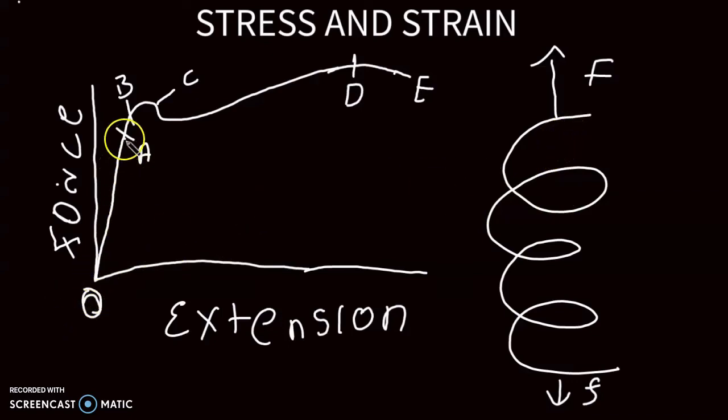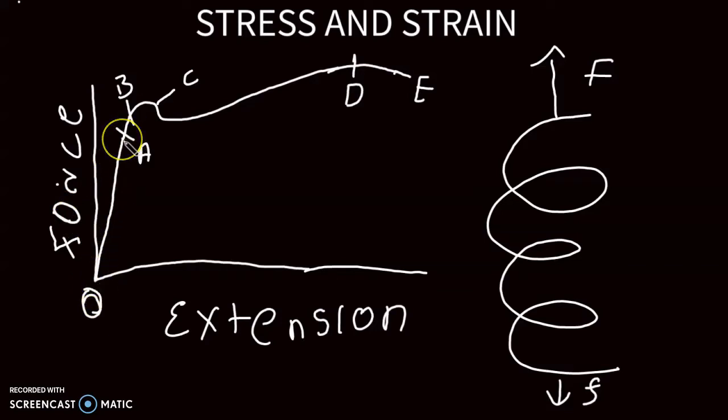From 0 to A, the object is respecting what we call Hooke's law. Hooke's law states that the extension is directly proportional to the force or to the load that is causing it. As you can see, we are having a straight line from 0 to A.